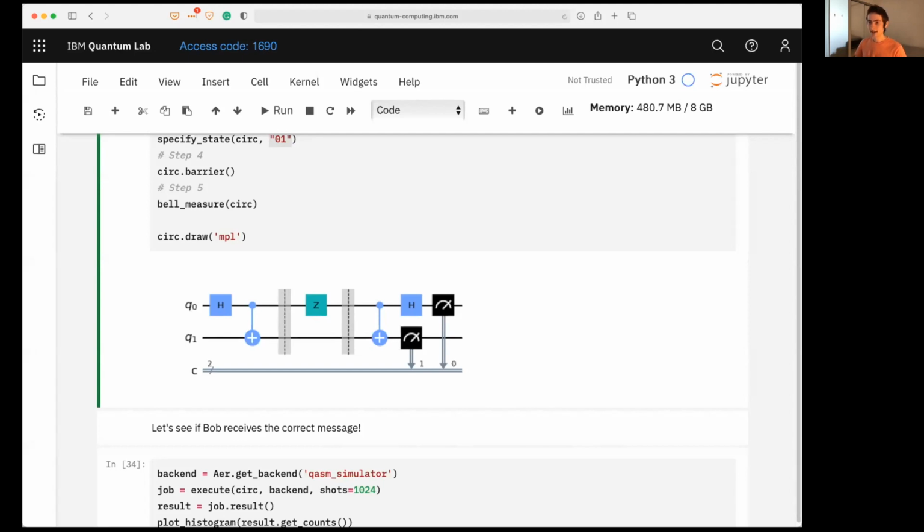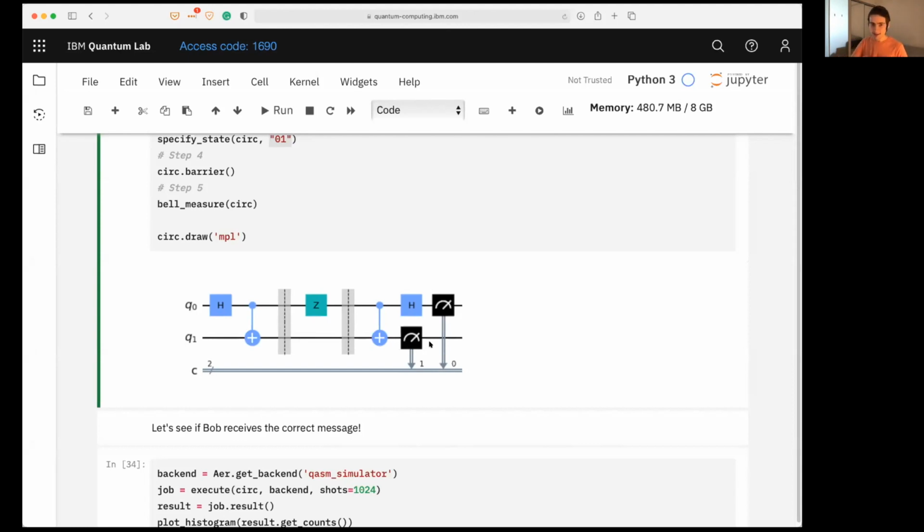So somebody asks, can entanglement be broken by superdense coding? I think the short answer to that is no, right? We have an entangled state throughout this whole circuit, right up until this Bell measurement, everything is entangled. The whole process of superdense coding, steps 1 through 4, doesn't break the entanglement.